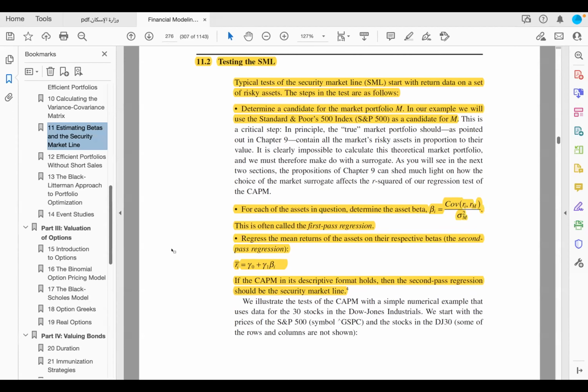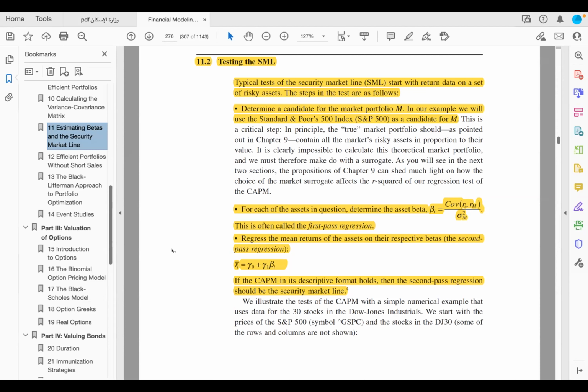By doing the first pass regression, we identify the beta. Then for the second pass regression, the beta is already known because we have already computed them during the first pass regression. But the unknown variables are the gamma 0 and the gamma 1.